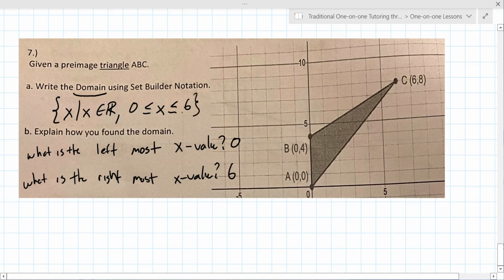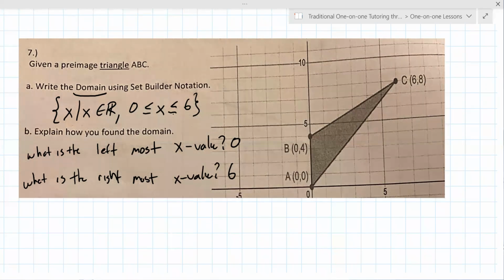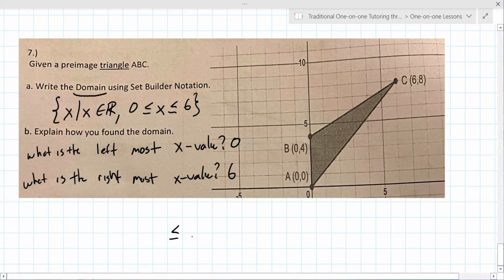That's why it's less than or equal to, less than or equal to. So whenever you see this sort of notation, you want to think the word between.